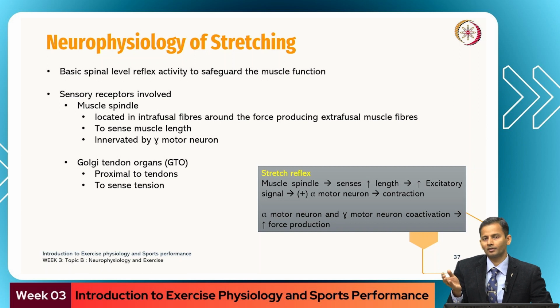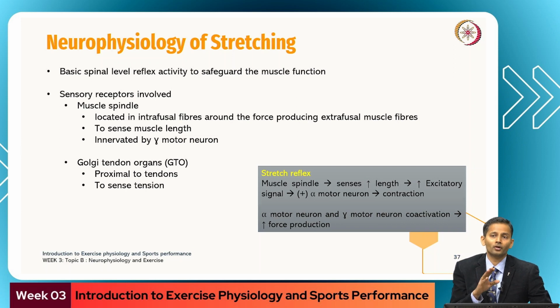The muscle spindles are innervated by the gamma motor neuron. So the gamma motor neuron also triggers the activation of the alpha motor neuron, which is correspondingly relayed in the spinal cord. So that causes an immediate contraction.